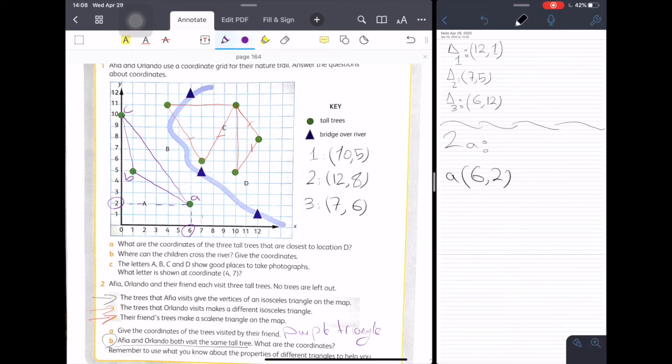For B, however, we will have 1 and 5. And for C, the X is 0 and Y is 10.